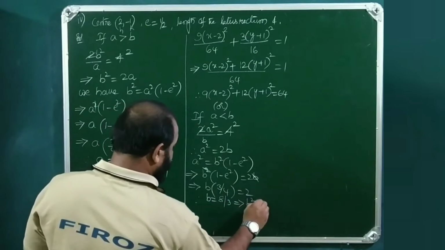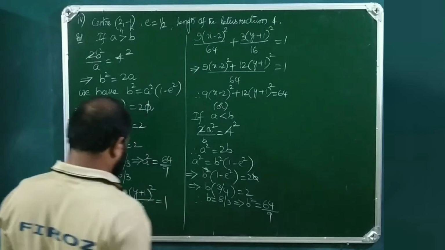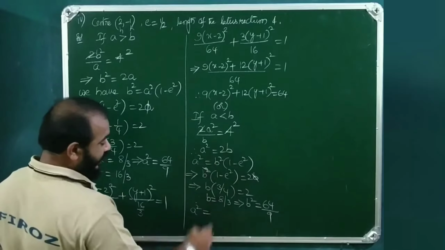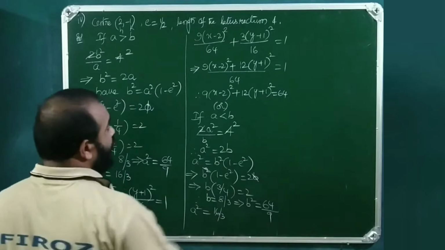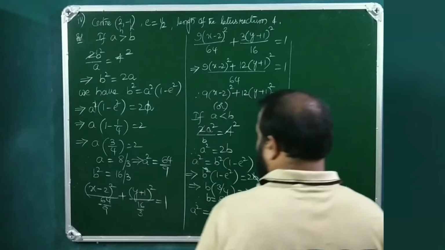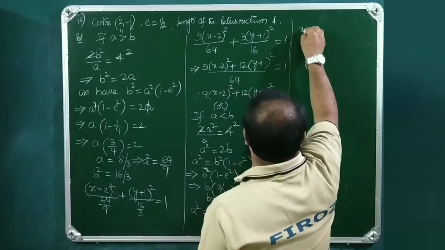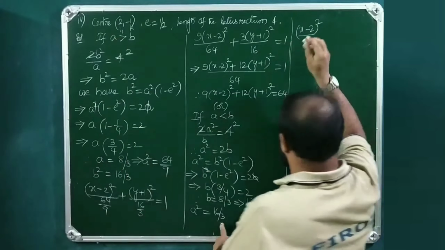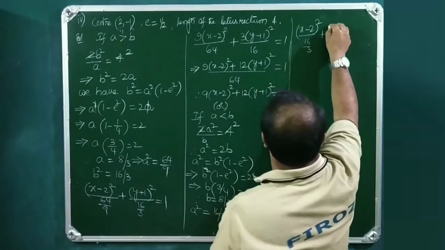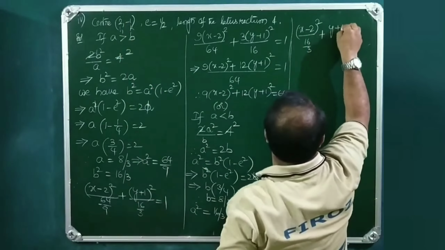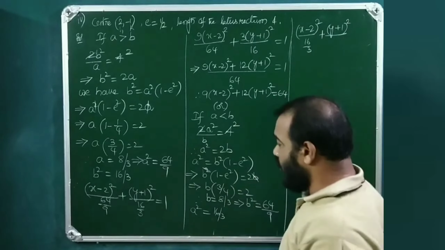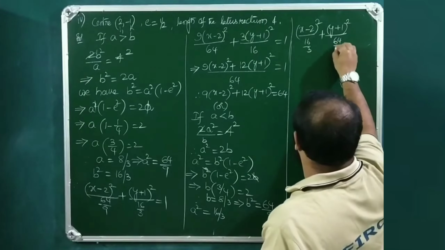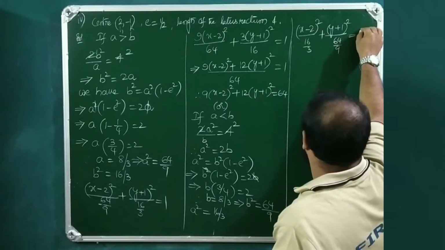From this, B square is 64 by 9 and A square is equal to 2 into 8 by 3, that is 16 by 3. Therefore, the equation of the ellipse is (x minus 2) whole square by A square, 16 by 3, plus (y plus 1) whole square by B square, 64 by 9, equals 1.